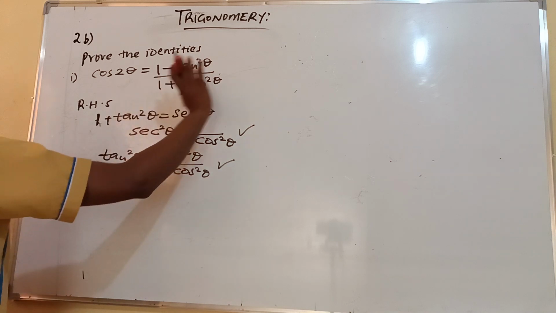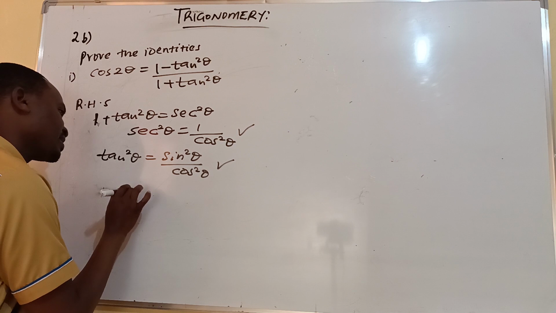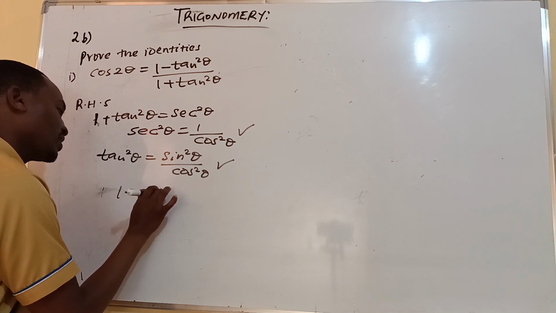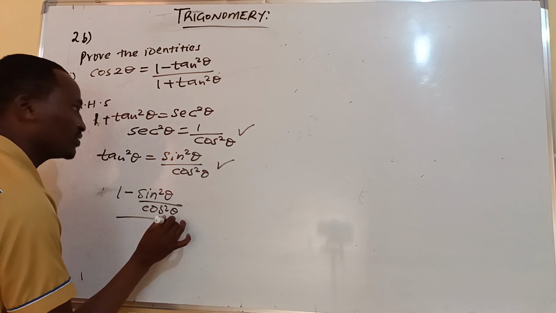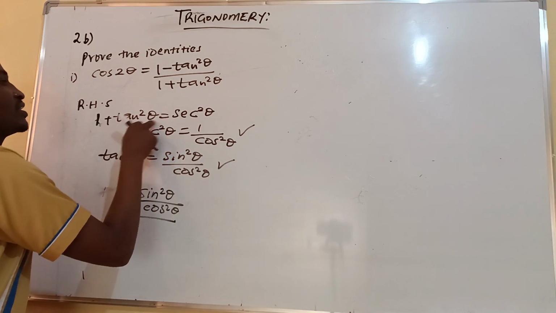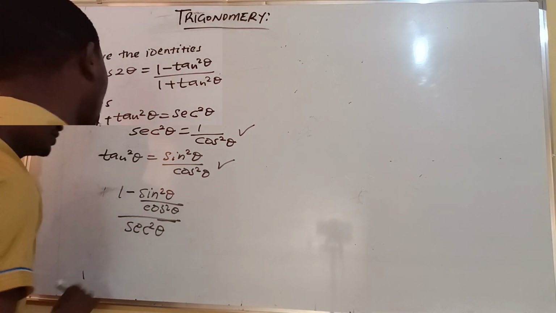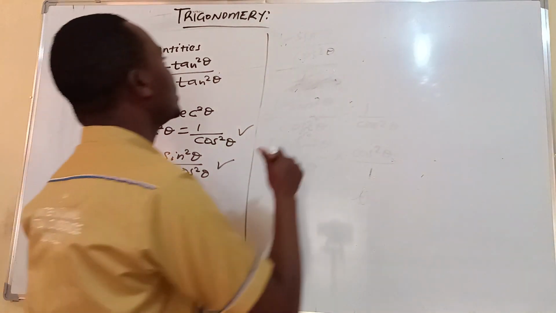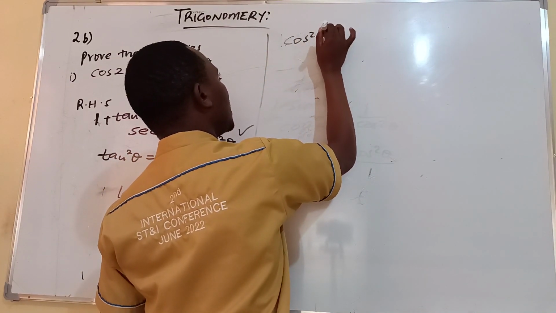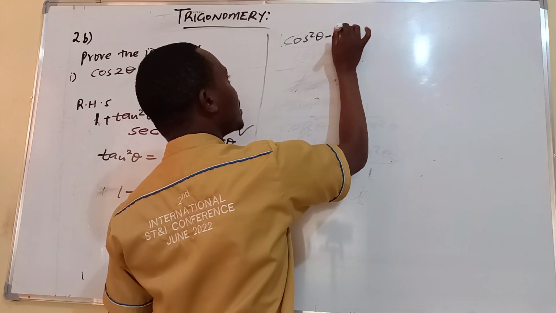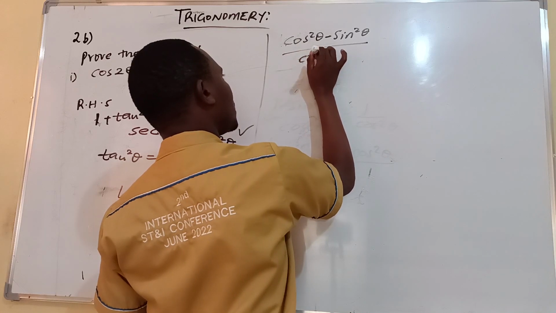So we have taken the right hand side. We have 1 minus tan squared theta, which we are substituting for sin squared theta over cos squared theta, over 1 plus tan squared theta, which is equal to sec squared theta. Here on the numerator we can say this is cos squared theta minus sin squared theta all over cos squared theta.